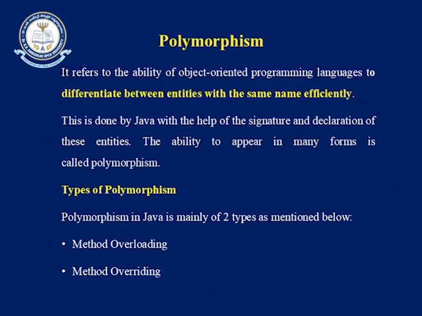If you are playing a game, then you are the player. If you are watching TV, then you are the audience. Like this you are only one person, but you are performing so many actions. Like that, one method can perform so many actions in object oriented programming, and that is known as polymorphism. We can achieve polymorphism in object oriented programming mainly using two methods: overloading and overriding.